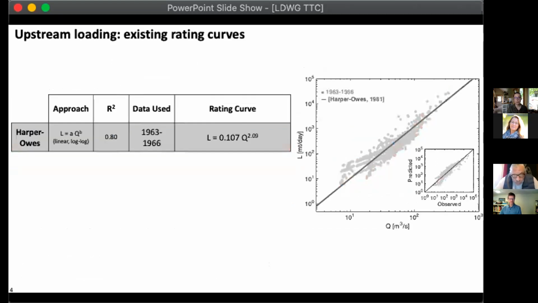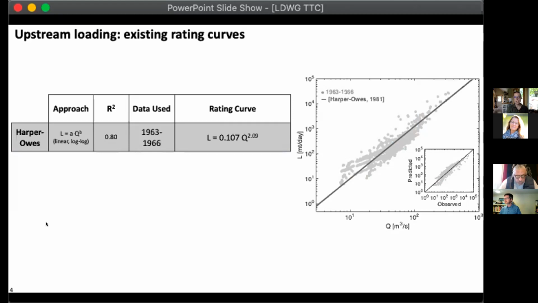The Lower Duwamish Waterway Group used a combination of two existing rating curves. The first was developed by Harper-Owes and was based only on the 1960s data. The Harper-Owes fit assumes an exponential relationship between sediment load and river discharge, which means that they have a linear relationship in log space, which is sort of what you see in the plot on the right here, showing loads versus river discharge in log space.